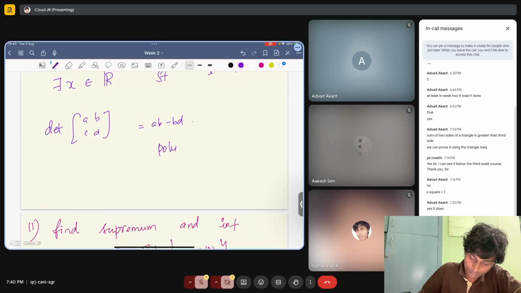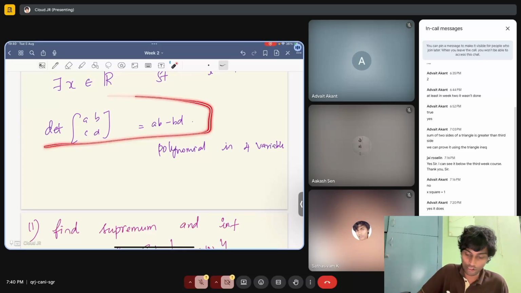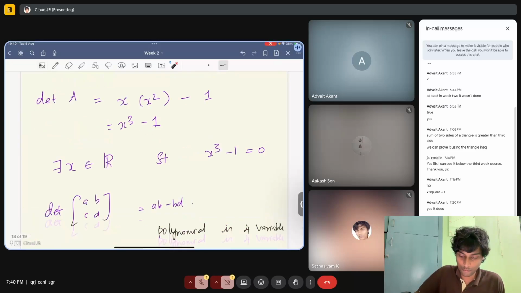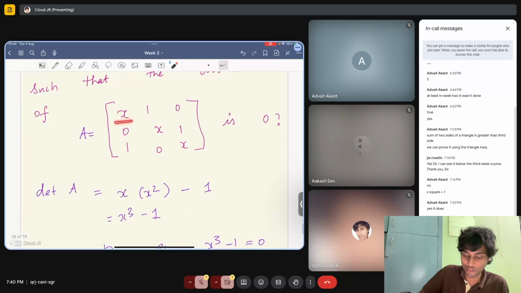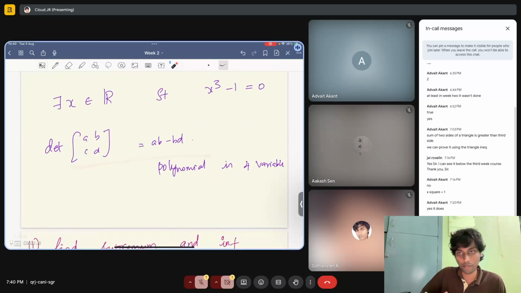In 4 variables. And of course these functions are continuous. It's not involved in our course, but that's why instead of 4 variables I'm just choosing 1 variable. Generally one can say that determinants are polynomials, and these are continuous functions.